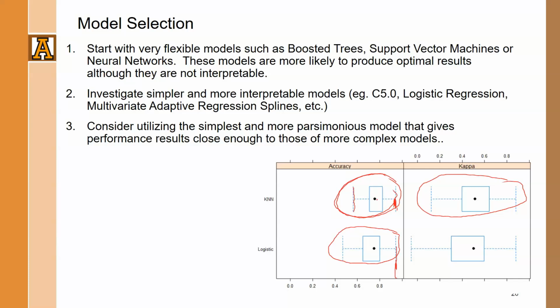See, the distribution looks very similar for the measurement of accuracy, so there are no huge differences. I'll probably choose logistic regression because it's interpretable, right? I can interpret the coefficients of the regression model, and I cannot interpret the KNN algorithm.